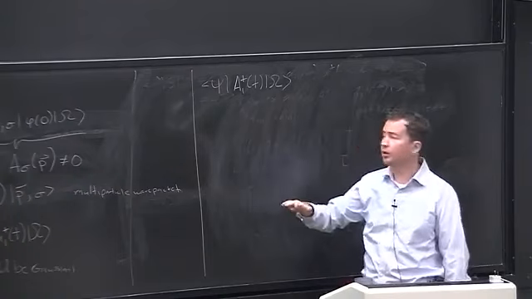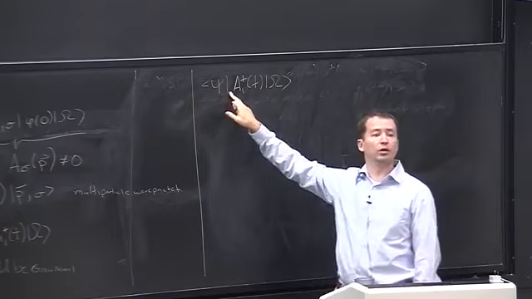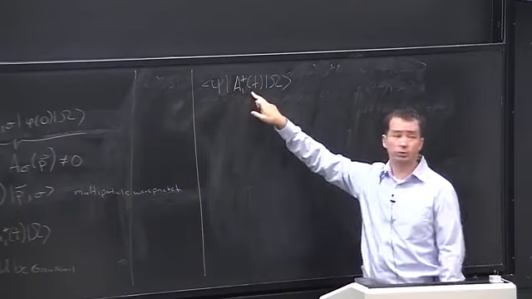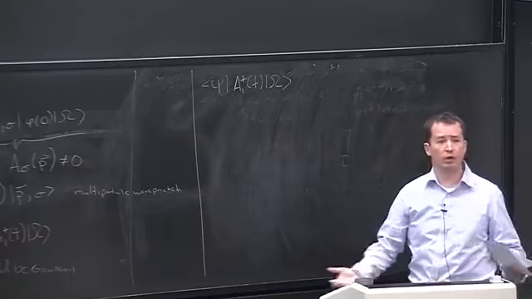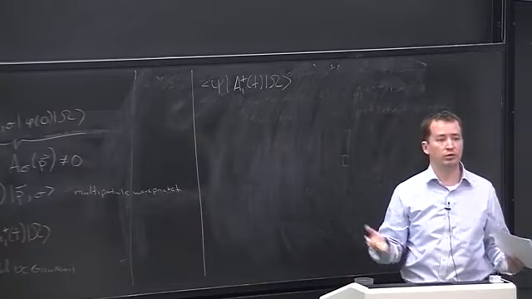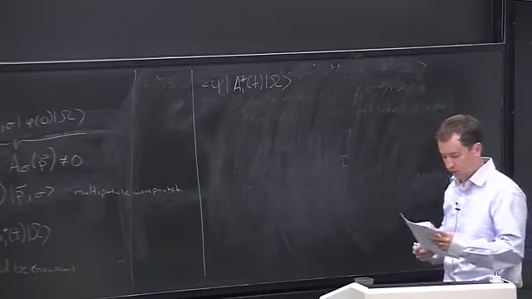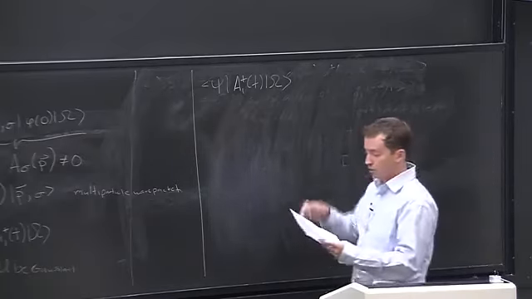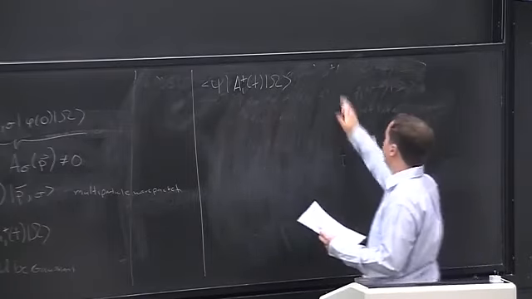So we'd be happy as long as this amplitude was 0 at t equals plus or minus infinity. That would give us some way to distinguish them while still allowing for our transitions between one and multi-particle states. So let's see what we can say about this in a general theory.